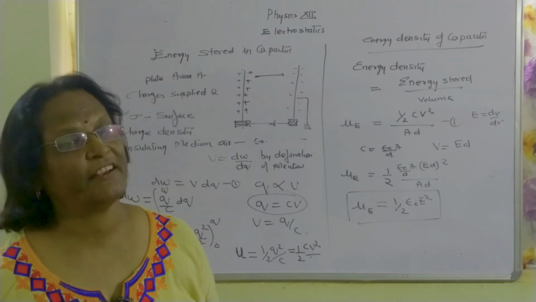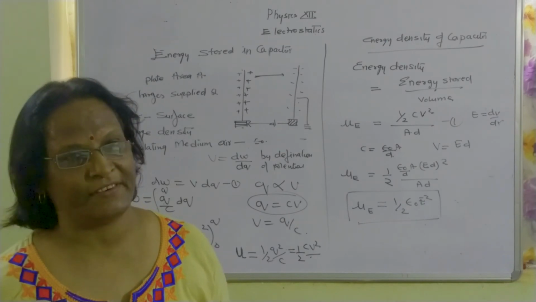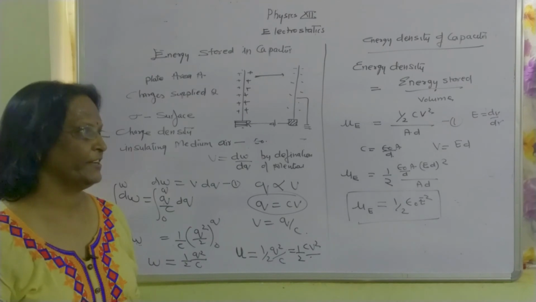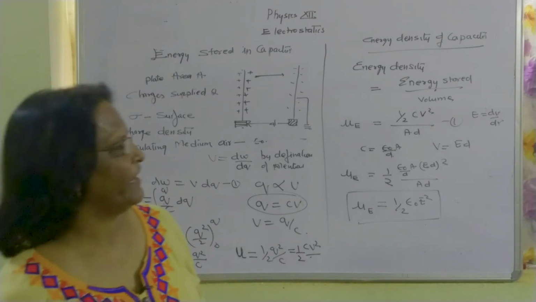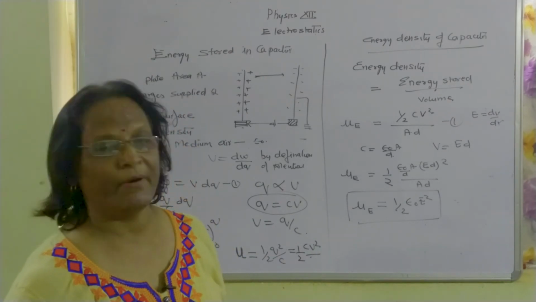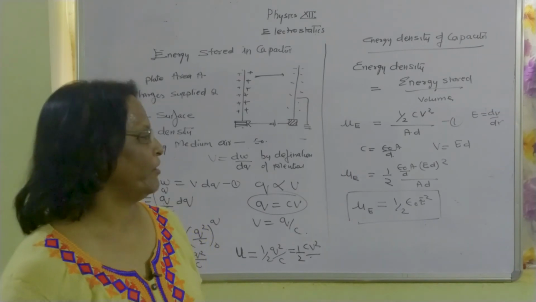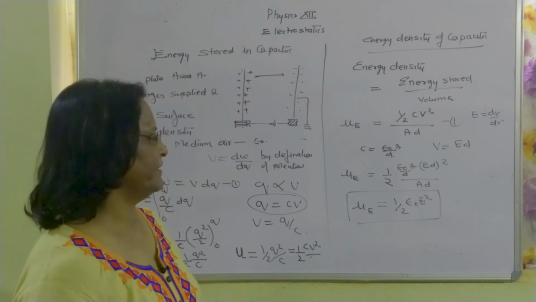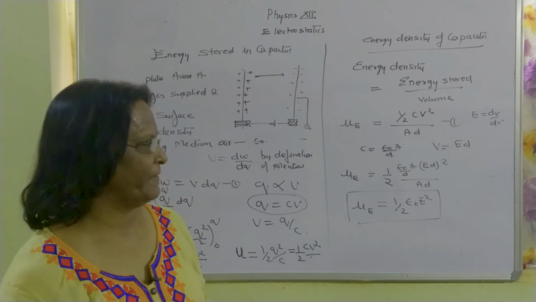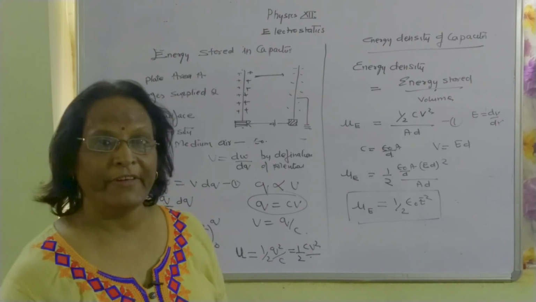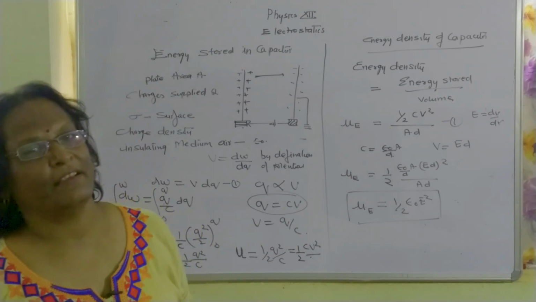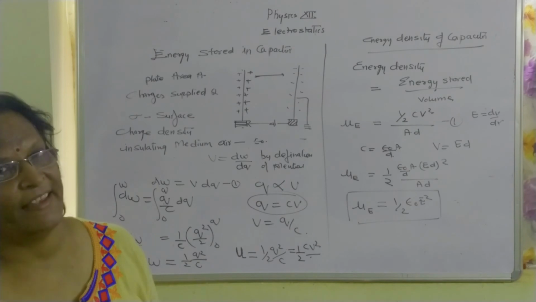So this formula u equals 1 upon 2 epsilon 0 E square is our formula for energy density, that is energy stored in a capacitor per unit volume. This is an important topic to be remembered for the board exam also, because it is specially specified in our NCERT book. This reveals that the energy stored per unit volume depends on the electric field applied.